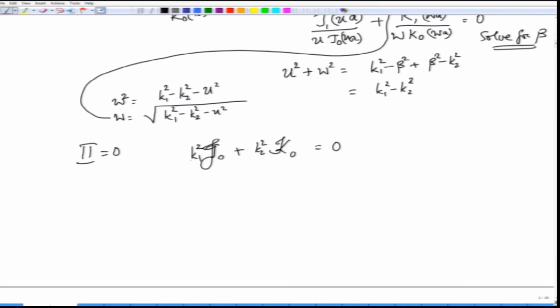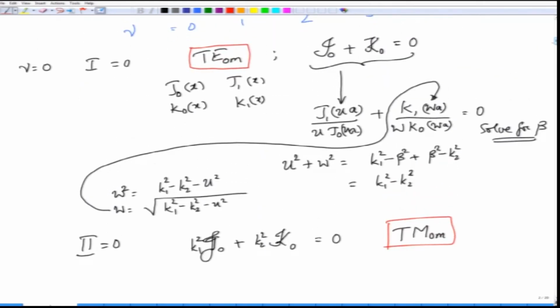So, these are not the Bessel functions, these are those expressions for script J0 and script K0 that we have written. Okay. So, when you take this term equal to 0, the solutions that turn out to be are called TM0M. I will just explain to you the meaning behind this TE0M and TM0M.